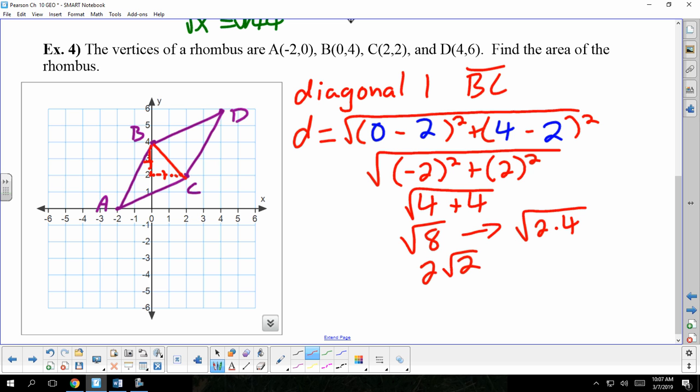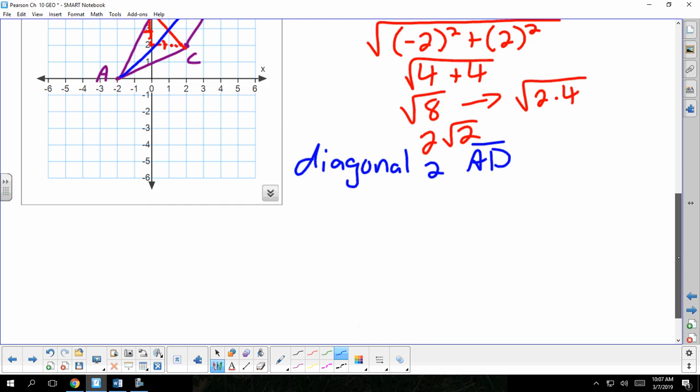Next one, diagonal 2. That's going to be this one right here, AD. Let's go ahead and set that one up as well.